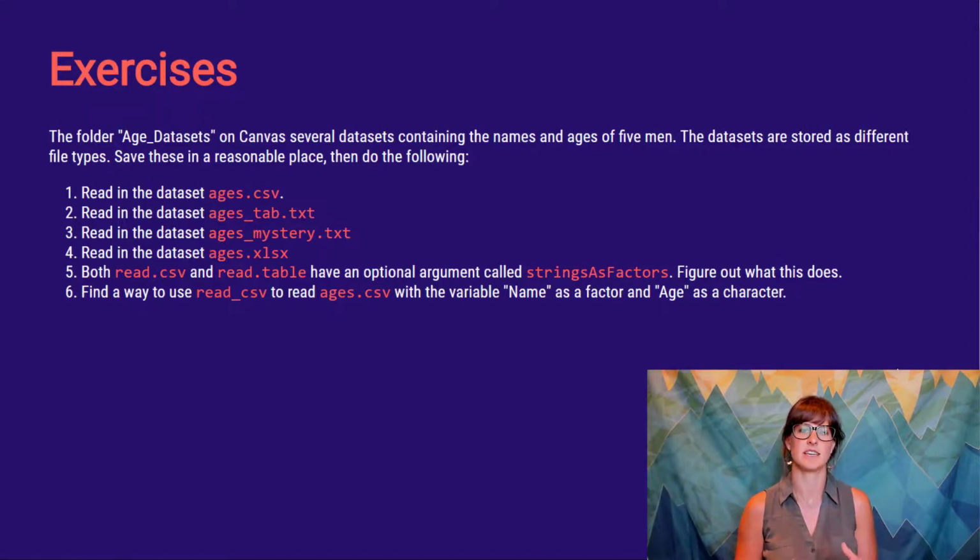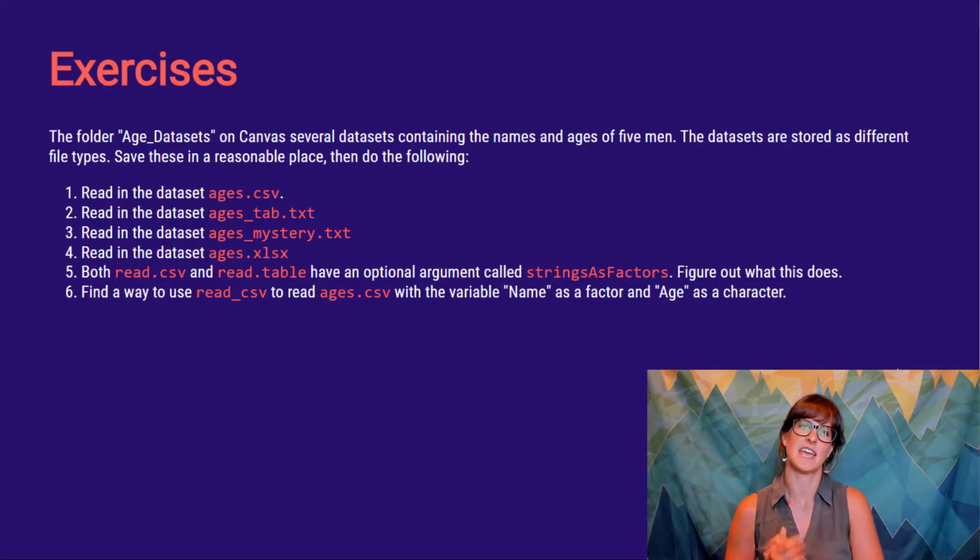And then lastly, see if you can find a way to manually tell R what data types you want these variables to be. So using read_csv, we can read in ages.csv, and if you leave it to its own devices, it's going to choose a data type for these two variables, name and age. And it should choose name to be a character vector, it's just the names of some men.